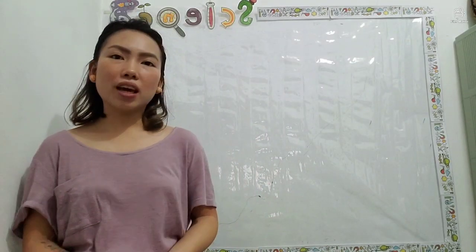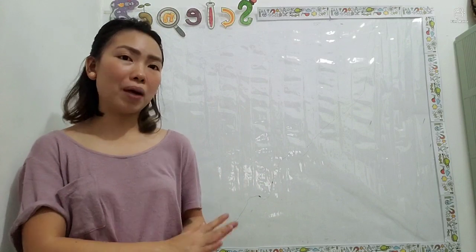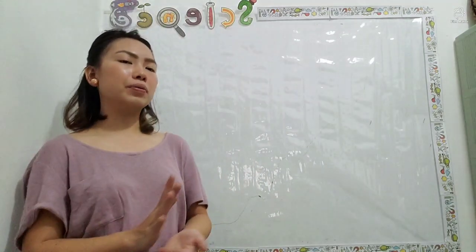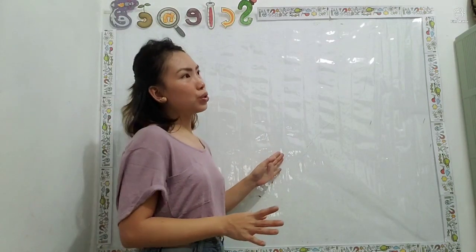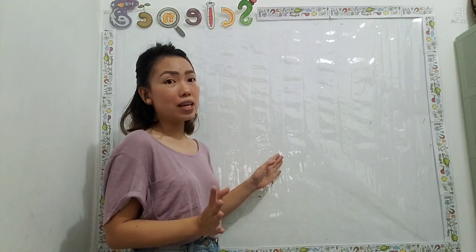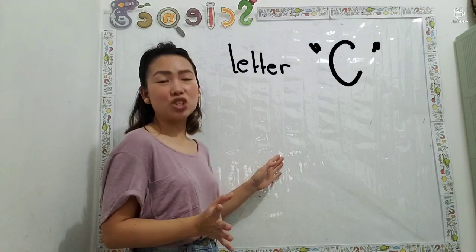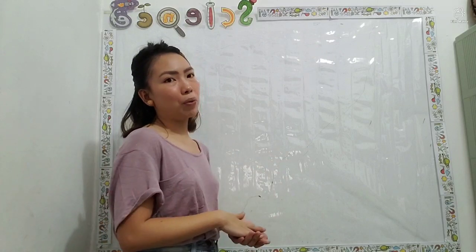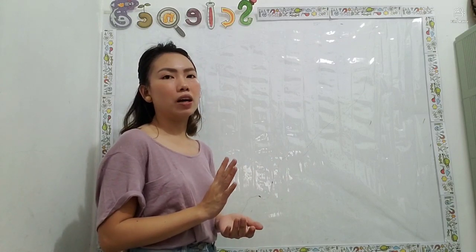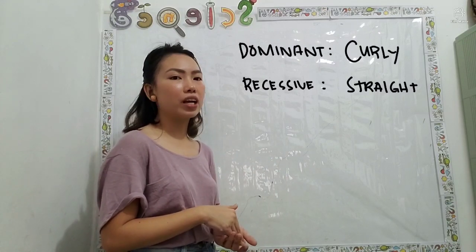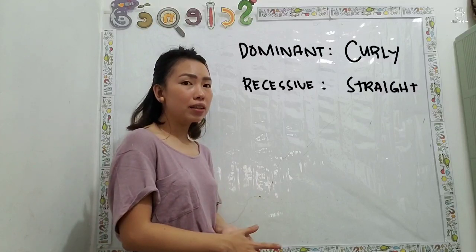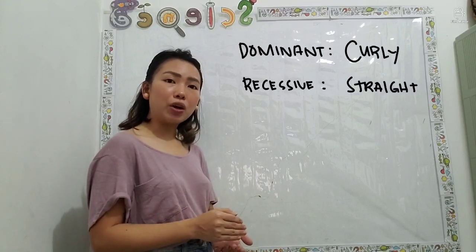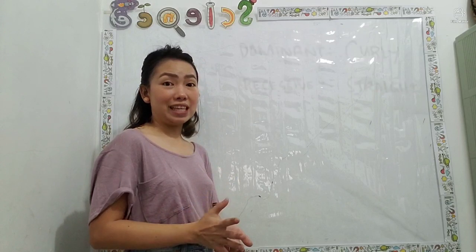So, we make use again this Punnett square. Okay. So, let us use C for the genes. And let us, for example, say that curly hair is the dominant and the straight hair will be the recessive.